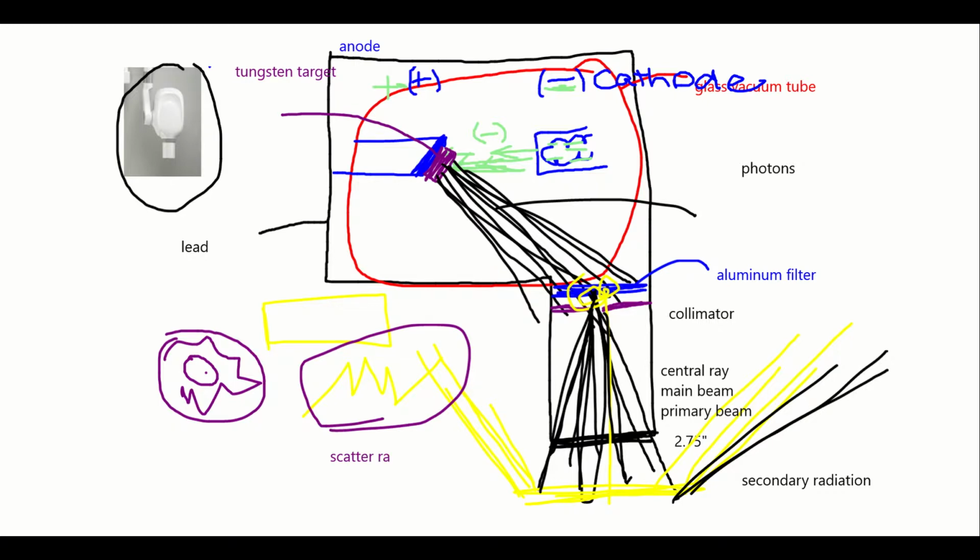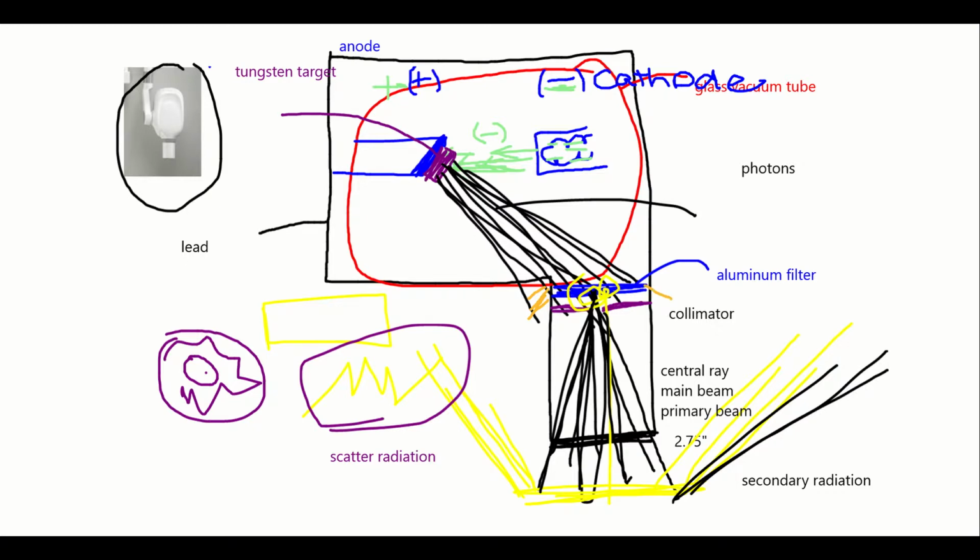Okay. And then there's one more type of radiation, and that radiation is called leakage radiation. And leakage radiation is from a cone, this PID, that may not be screwed on all the way tightly.